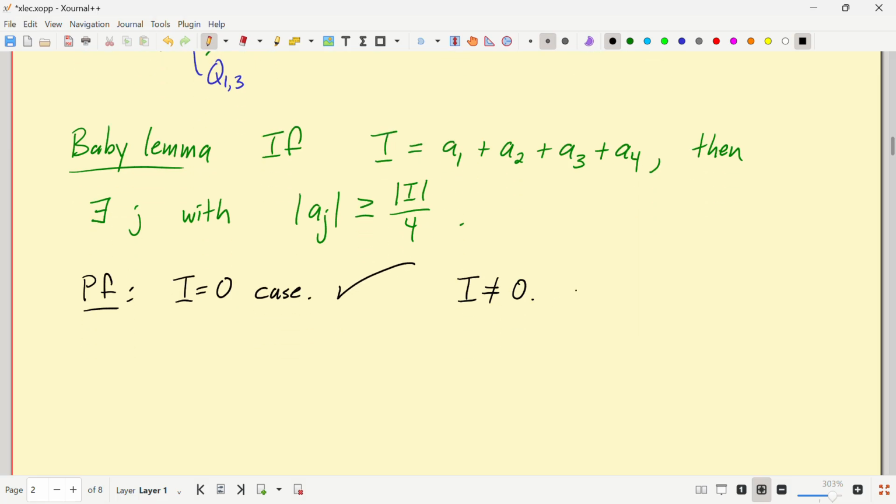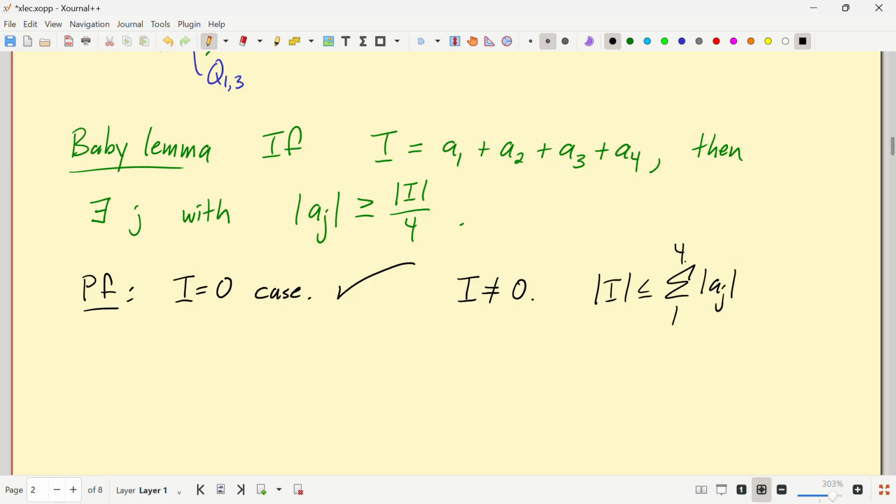I is, of course, less than or equal to, by the triangle inequality, the sum of the AJs.